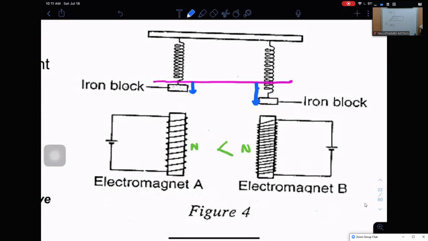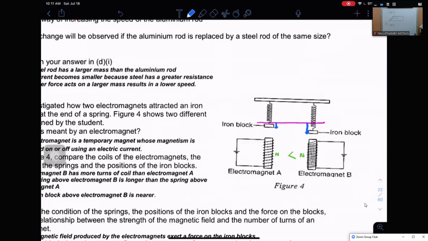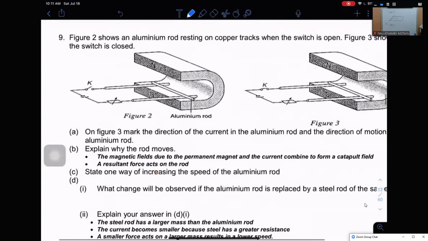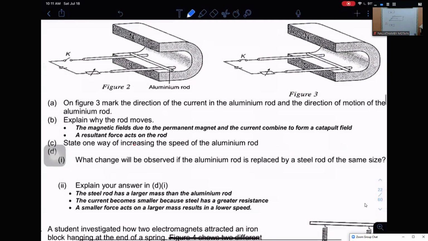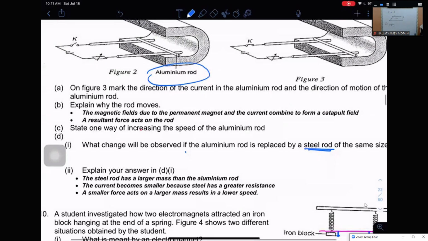Look at the question D now. Oh, sorry, not this. Question D over here. What will be observed if the aluminum rod is replaced with steel? Okay, it's very simple. Steel and aluminum. Aluminum is lighter. If replaced with steel, what happens? Steel rod is what? High density.